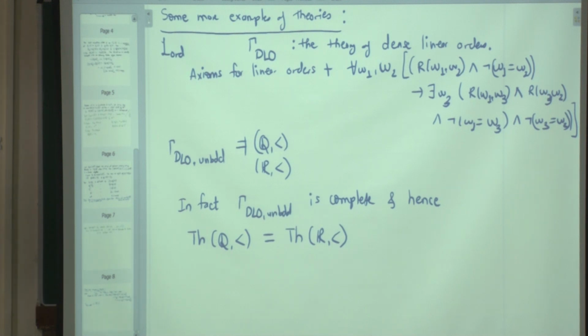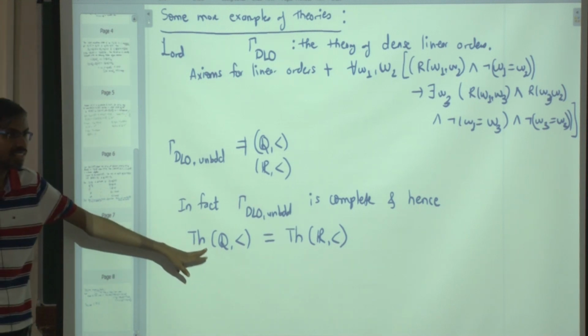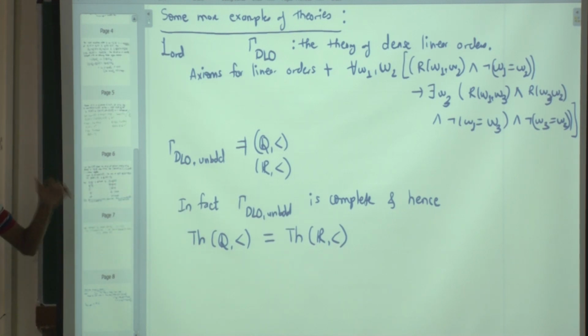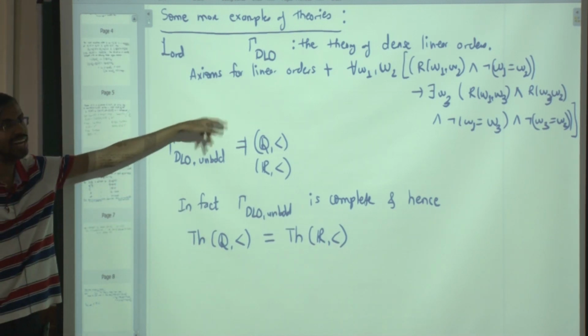These two theories are actually exactly the same. So what are the sentences in this common theory? They are all the sentences which are logical consequences of just these finitely many axioms.